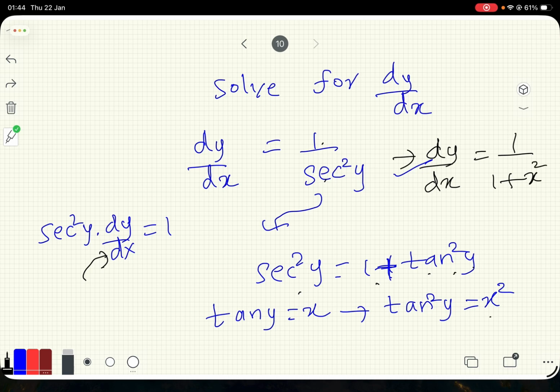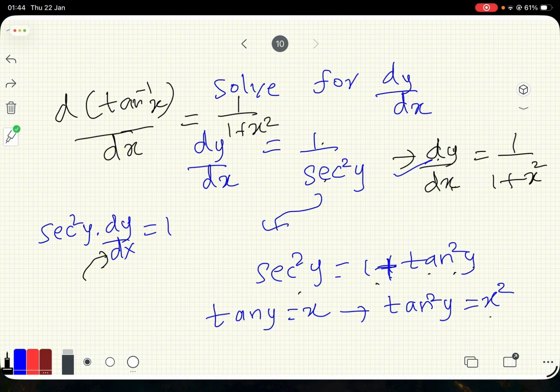So the derivative of tan inverse x with respect to x is equal to 1 over 1 plus x squared.